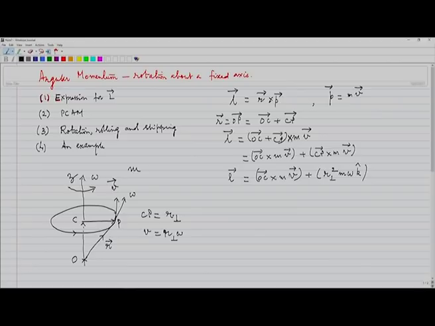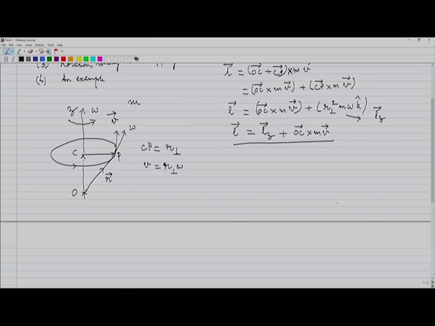So this is the expression for the Z component of angular momentum. I will write this L as L sub Z plus OC times m V. Now L_Z is parallel to the fixed axis.